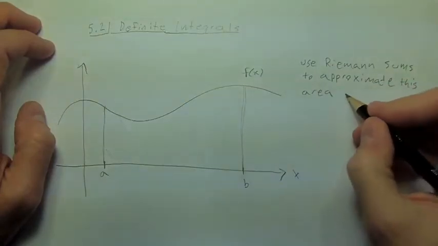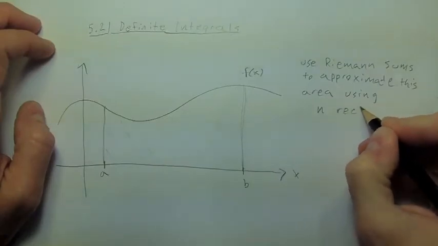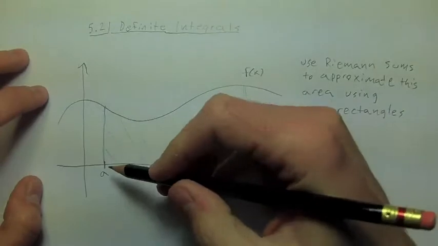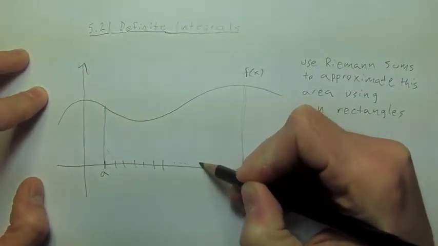Okay. Using n rectangles. Okay, so we are going to split this interval a to b into n pieces.